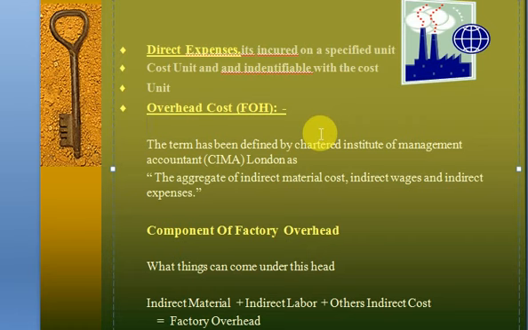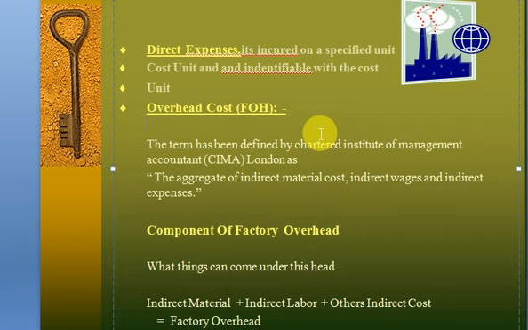Indirect expenses, this is called overhead. Overhead can take place in the factory, in the office, and also in selling and distribution. So category-wise, that is called factory overhead, office overhead, selling and distribution overhead. But generally, what is overhead?